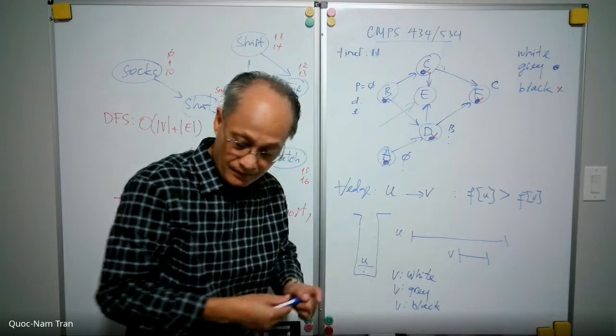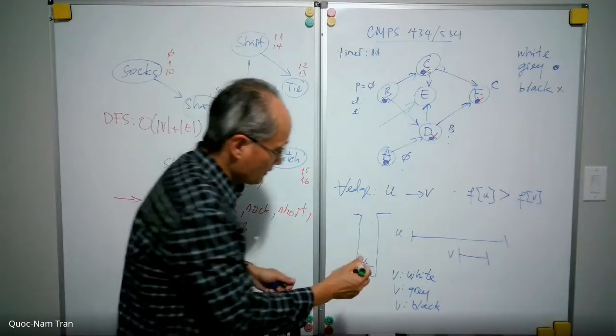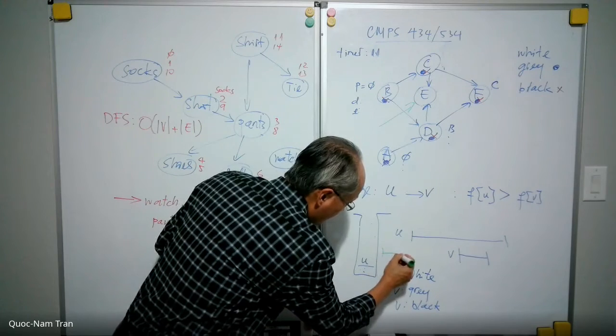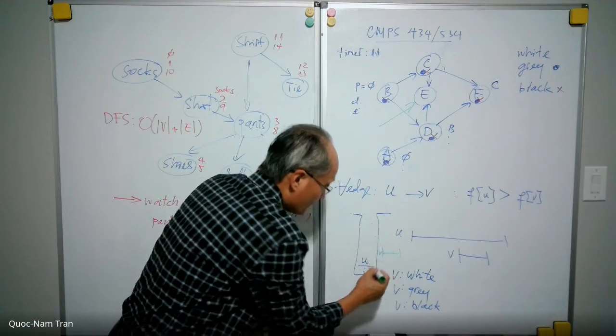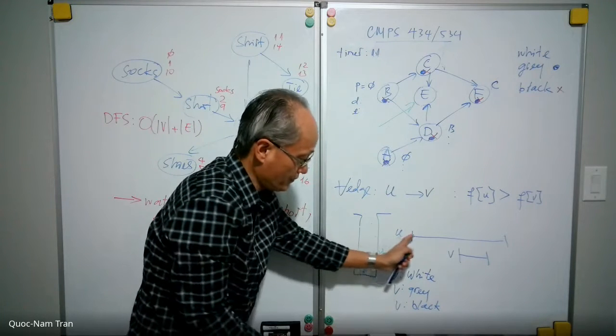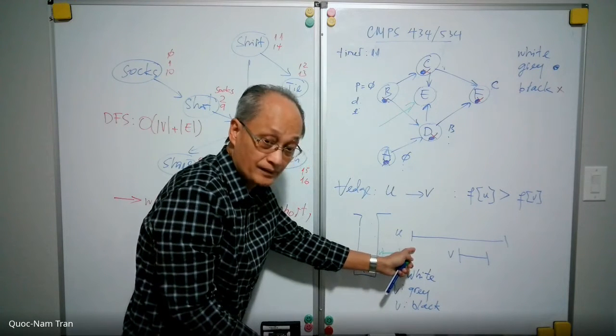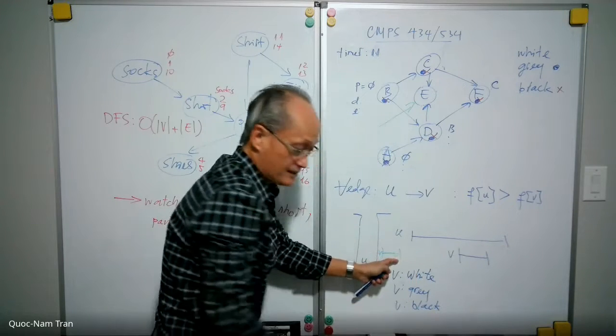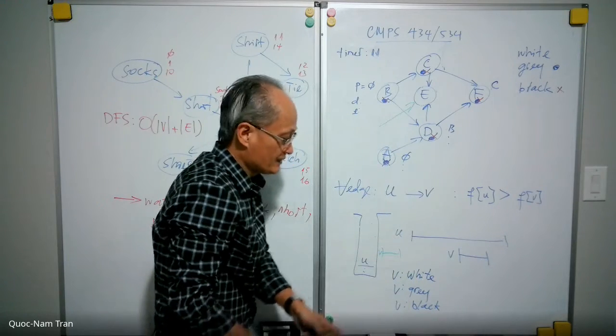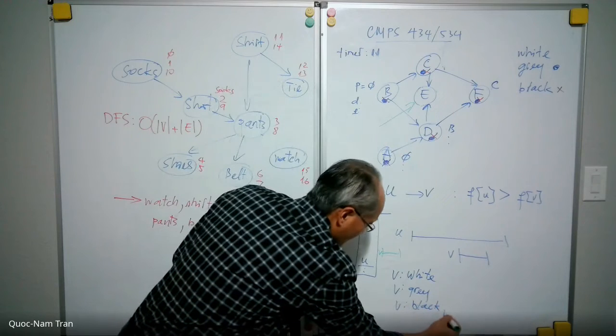In other words, the discovery time and finishing time of v would be from here to here, before the discovery time of u. Hence, the finishing time of u is bigger than the finishing time of v, right? So if v is black, we are done.